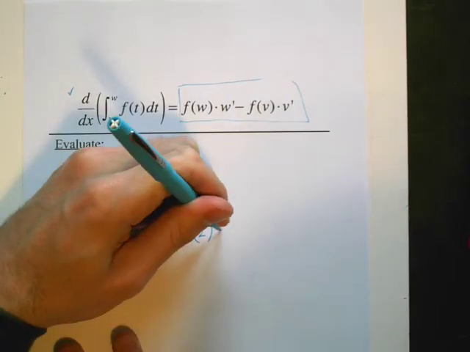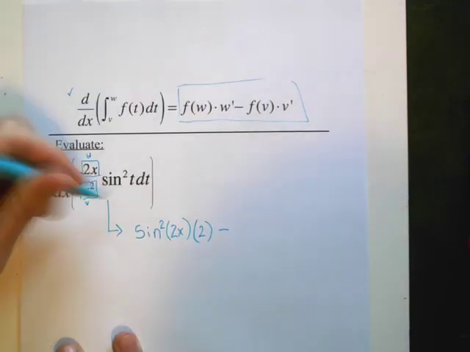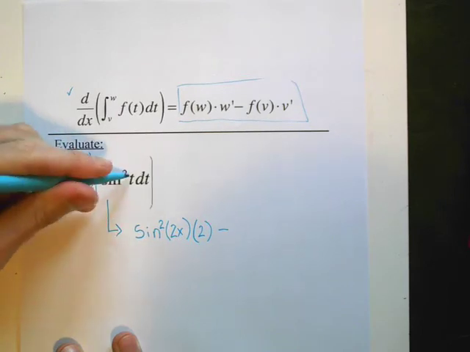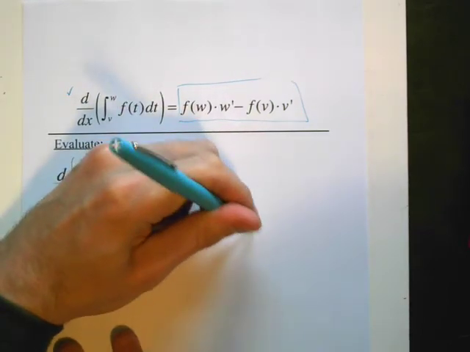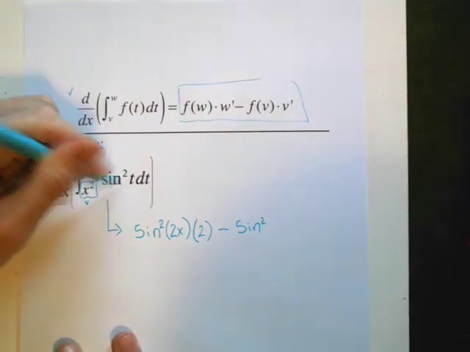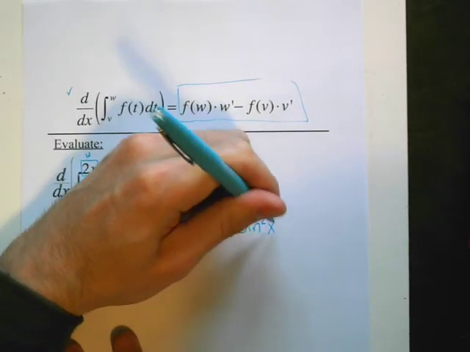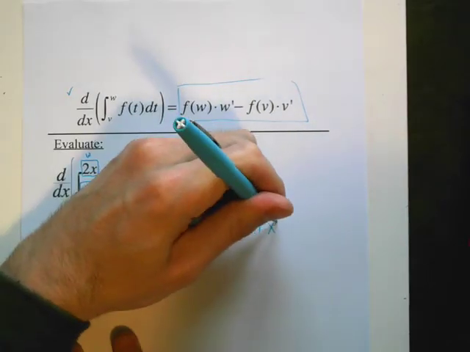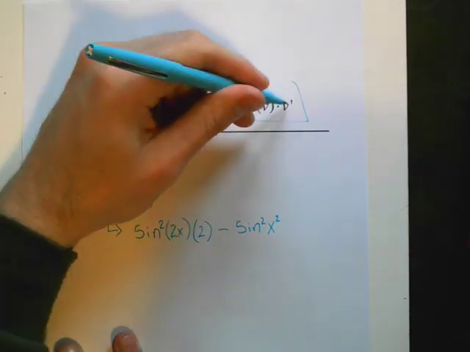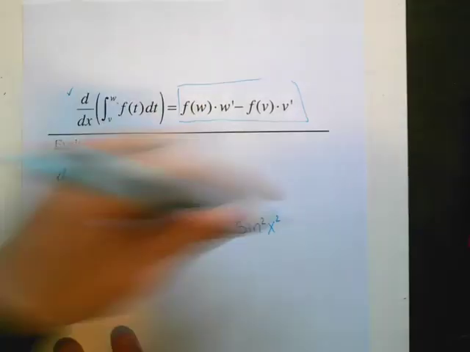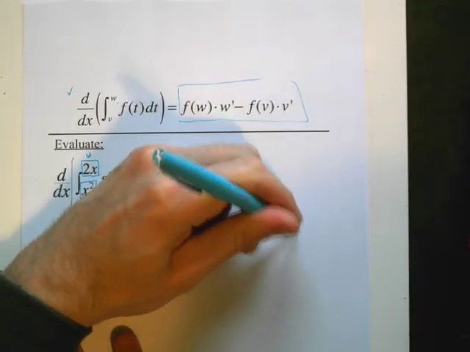Minus f of v, which means I take x squared and plug it in here. So sine squared, instead of t, I'd write x squared, times the derivative of v. The derivative of x squared is going to be 2x.